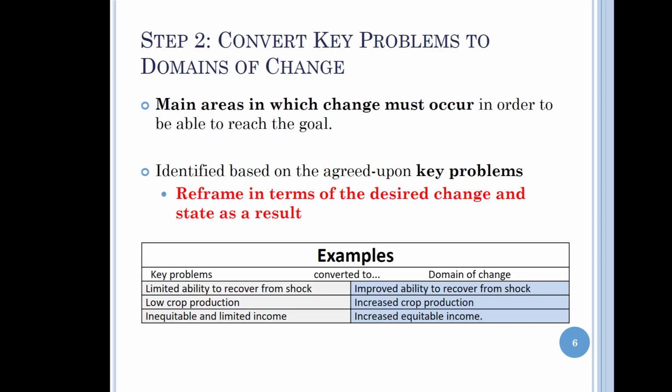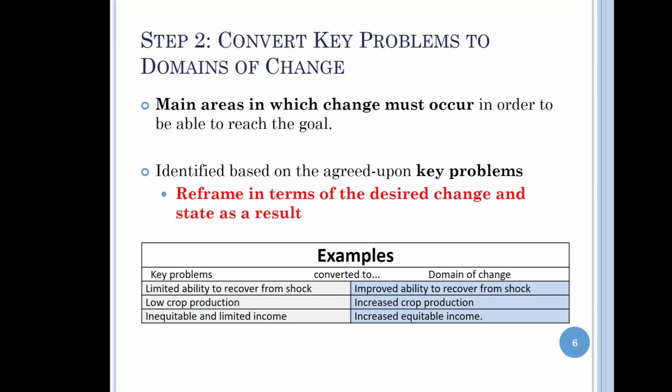After we have done step 1, which is converting the overarching problem into a goal with a well-thought formulation, we move into converting key problems to domains of change. Domains of change are the main areas in which change must occur in order for us to reach the goal.